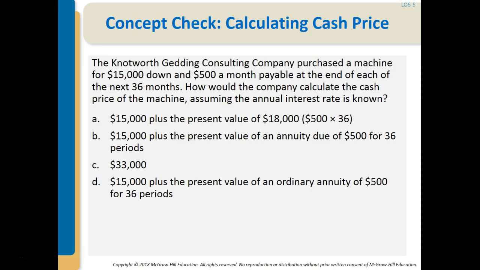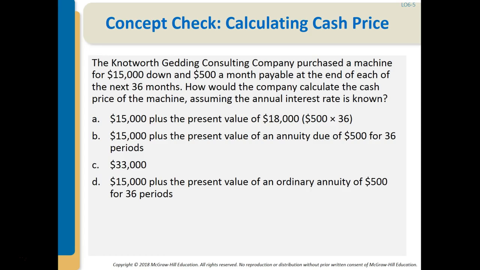Here's another one. The Not Worth Getting Consulting Company purchased a machine for $15,000 down and $500 a month payable at the end of each of the next 36 months. How would the company calculate the cash price of the machine, assuming the annual interest rate is known? Would this be $15,000 plus the present value of $18,000, which is the $500 a month for 36 months?